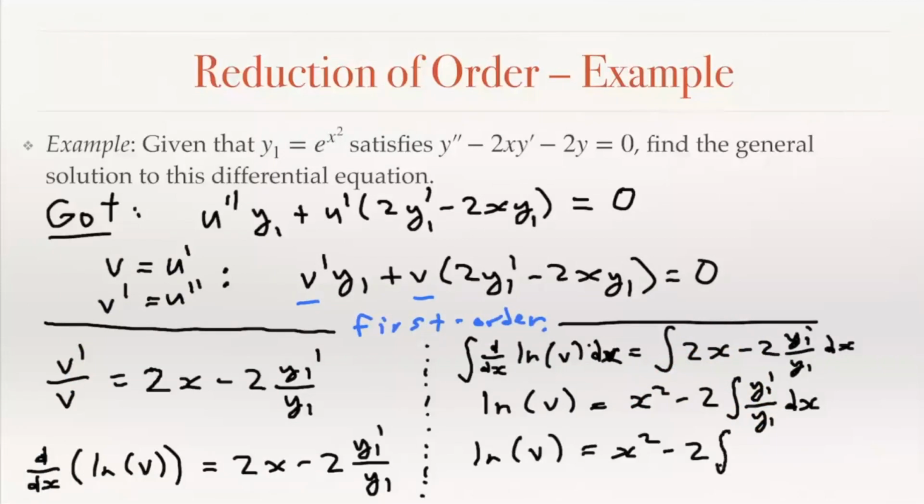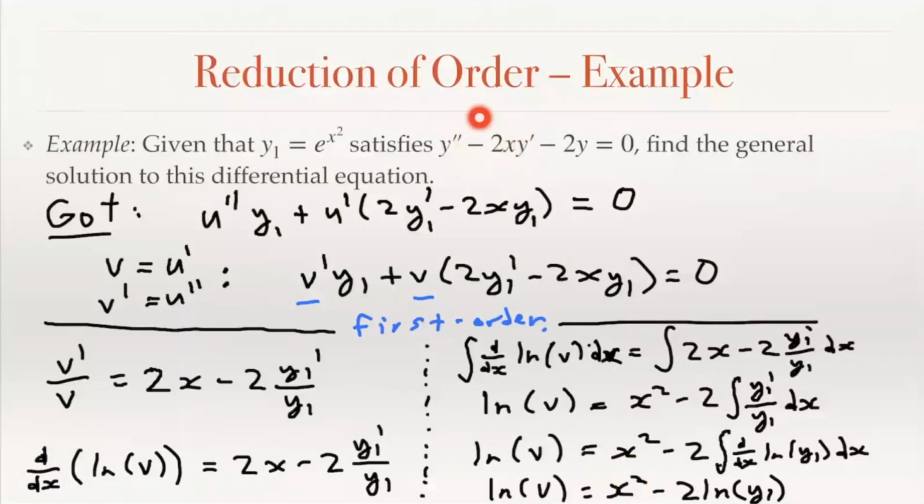So in other words, y1 prime over y1, that is d dx of the natural log of y1. Since again, implicitly differentiating ln of y1, it's 1 over y1, then times the derivative of the inside, which is y1 prime. And the integral of the derivative goes away, and we have this. And remember that x squared, that was just the integral of the negative of this p of x.